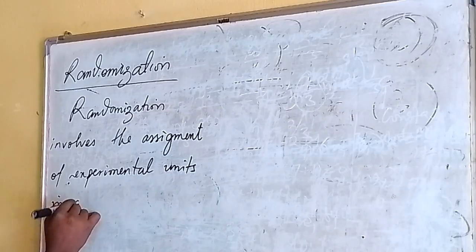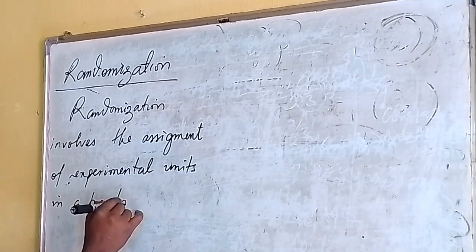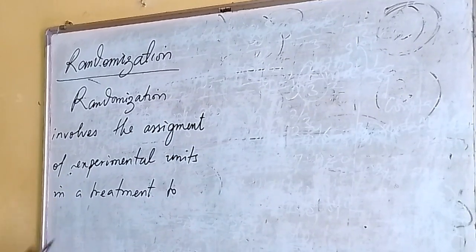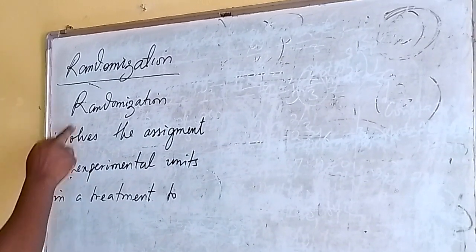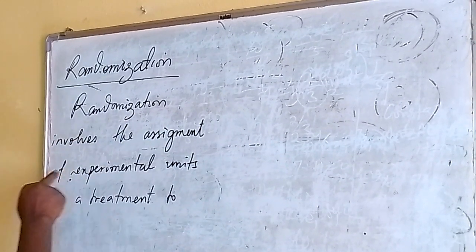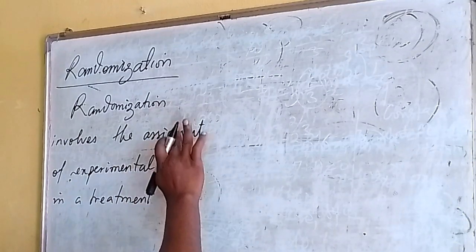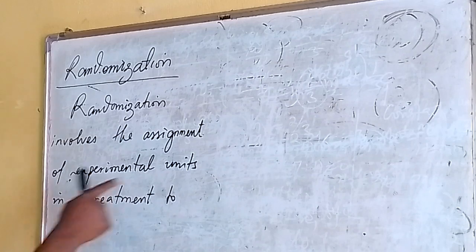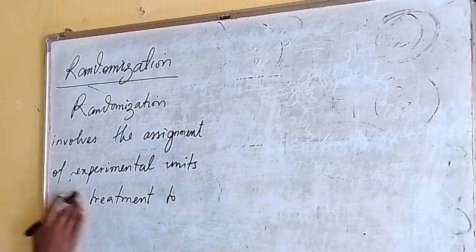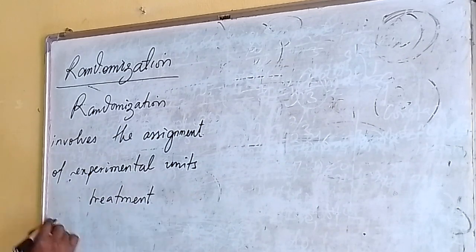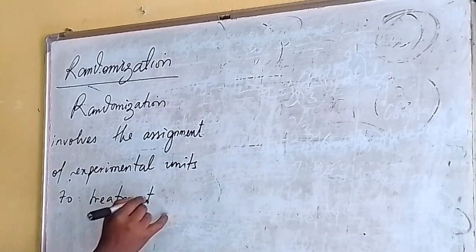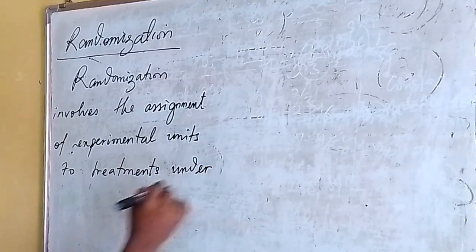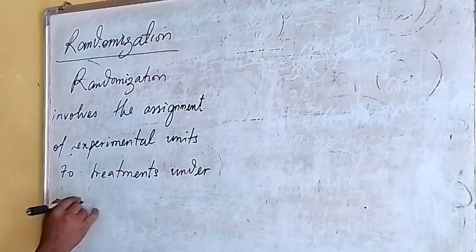Better put, I think we should just go with: randomization involves the assignment, let me correct this, assignment of experimental units to treatments under a specified factor.